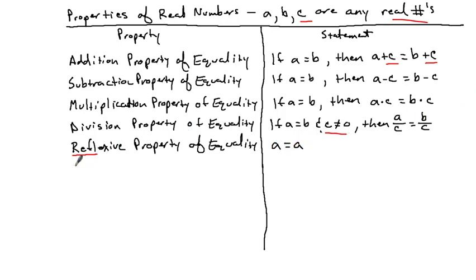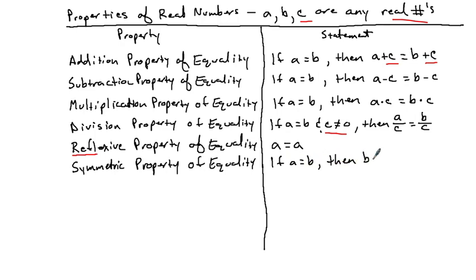All right, our next one is called the symmetric property of equality. And the symmetric property of equality says if A equals B, then B equals A. Okay, notice this one has your equation flipped, right?